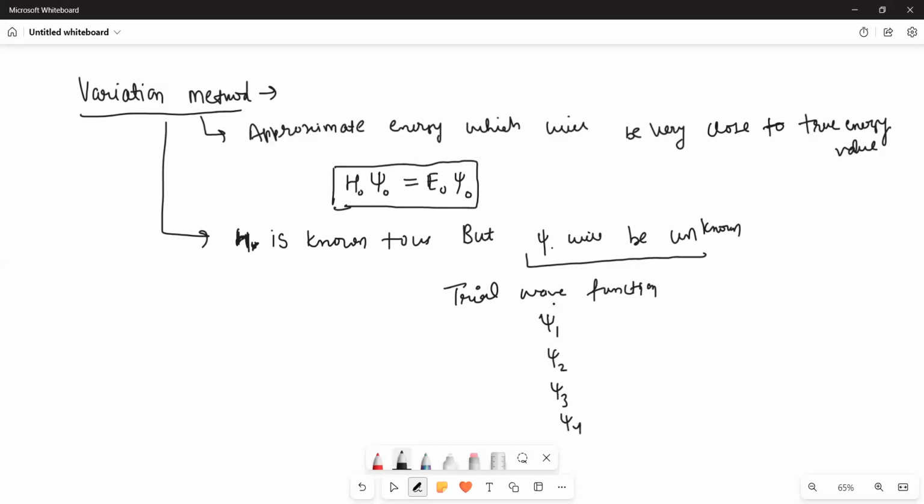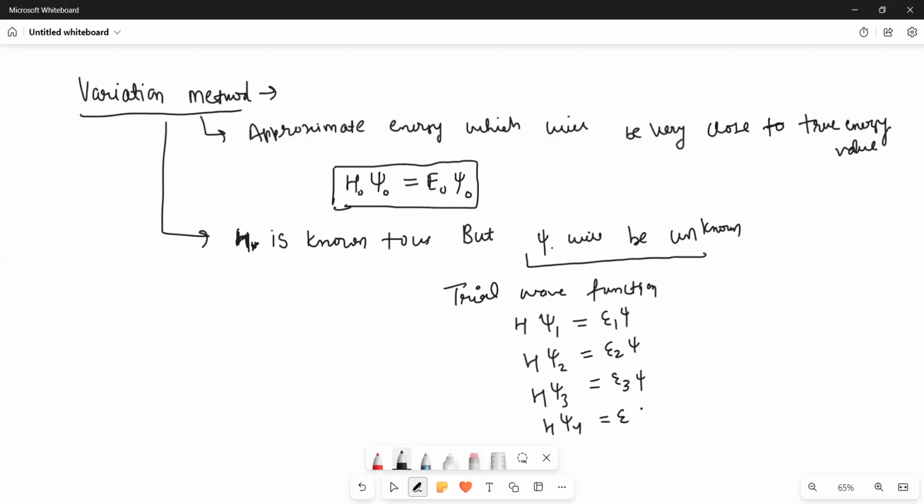These are the trial wave functions that we have selected for a particular system. And Hamiltonian is known to us, so we apply Hamiltonian on these wave functions and we get the energy values.